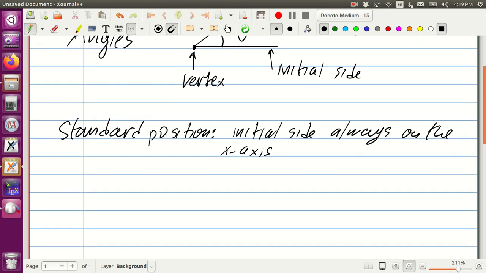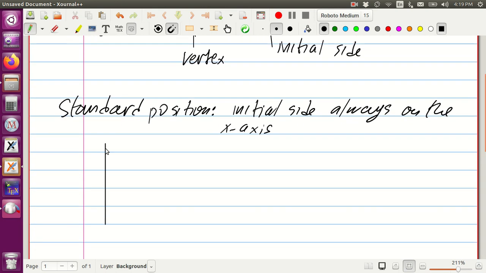So let's try to show the angle in standard position. The angle in standard position looks something like this. You have an initial side along the x-axis, and then your terminal side, something like this, and your angle goes this way.